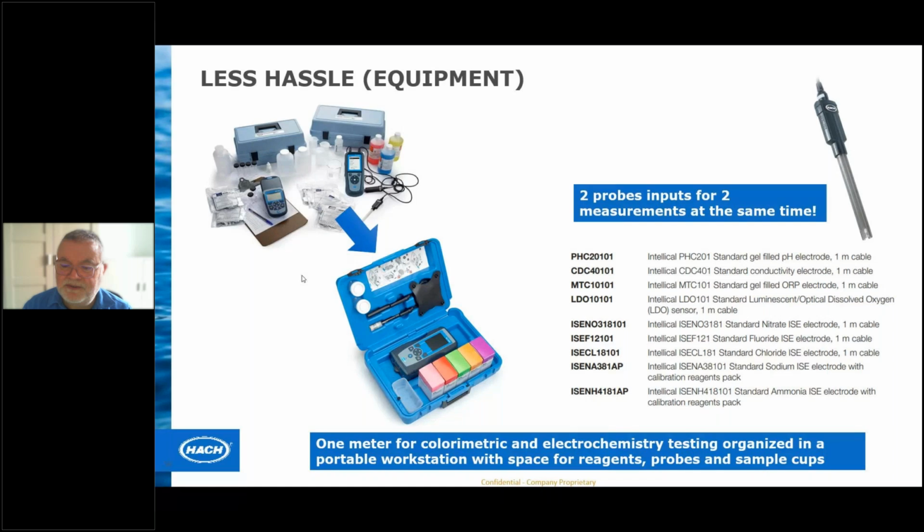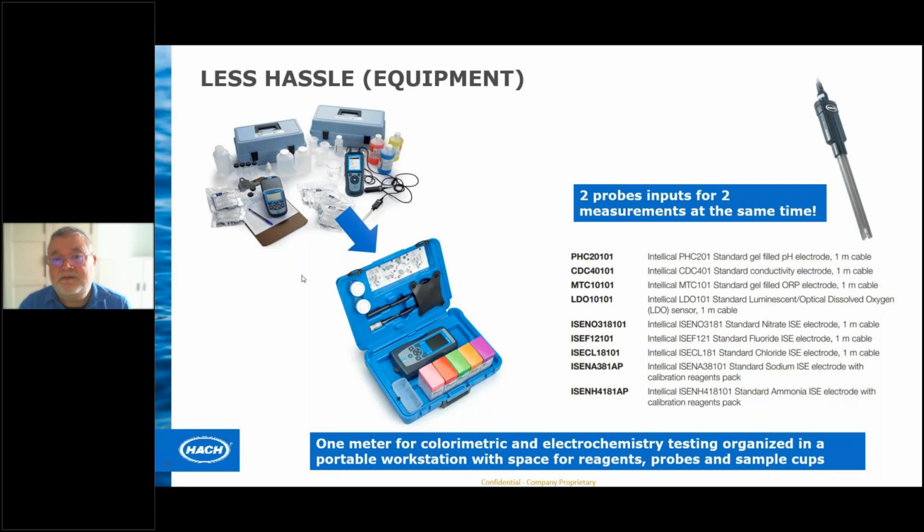So if you calibrate a pH probe on one instrument, and you use the same probe on another instrument, the calibration will be automatically considered in the new instrument, and it's no longer necessary to calibrate again, of course if the calibration of the probe has been recently made on the previous instrument.